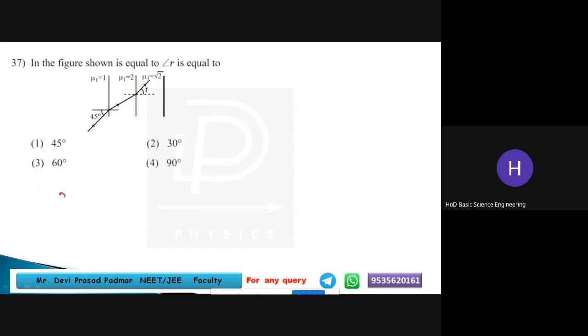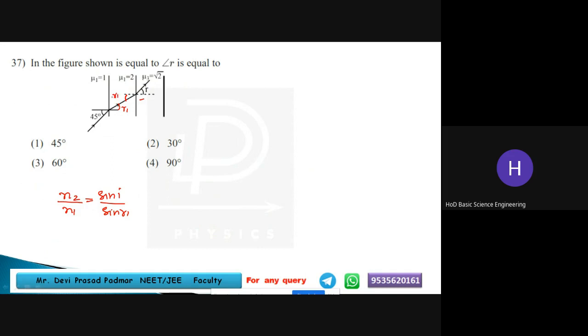So here you can write n2 by n1 is nothing but sine i by sine r1. Let us consider this as r1. Similarly, for this particular edge, if this is r1, this will be r1 only, right?